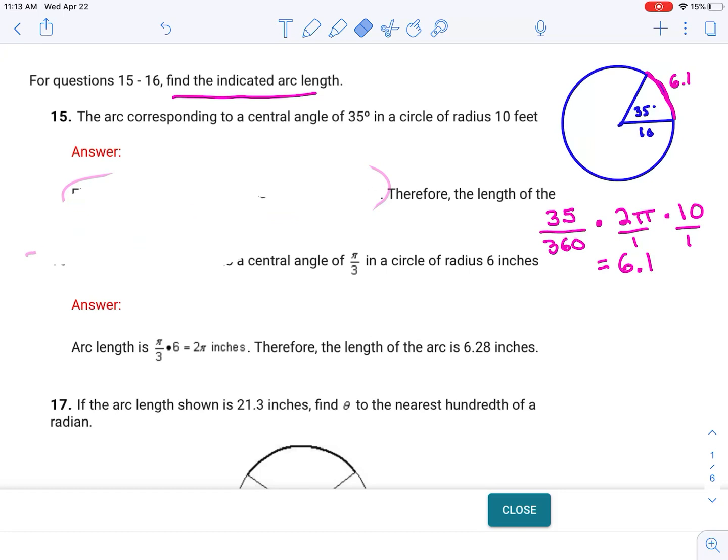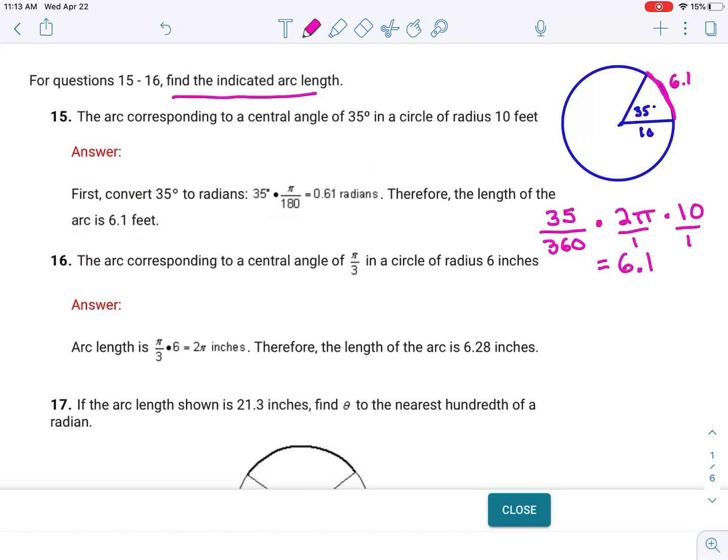But let's do this by making 35 degrees radians. Okay, so 35 degrees as radians is this. That's 35 times pi over 180. And when I do that, I get 0.61.